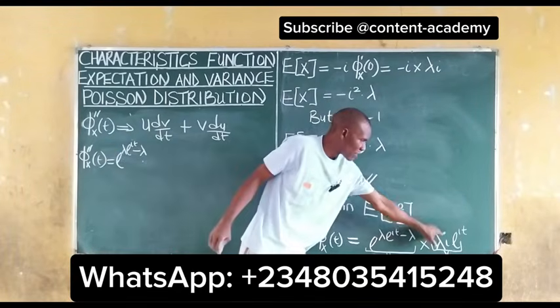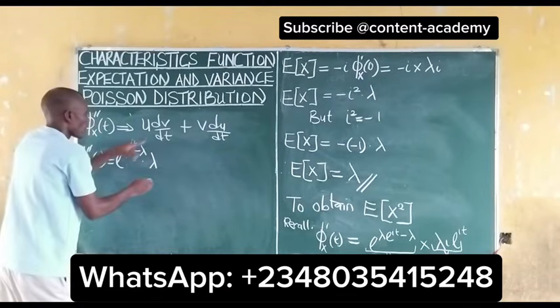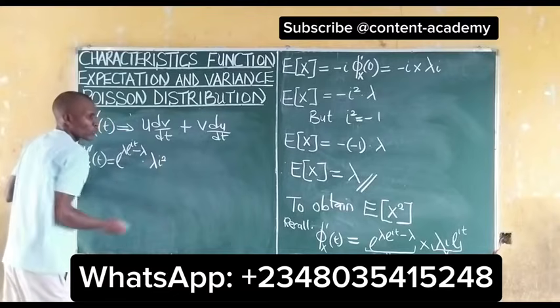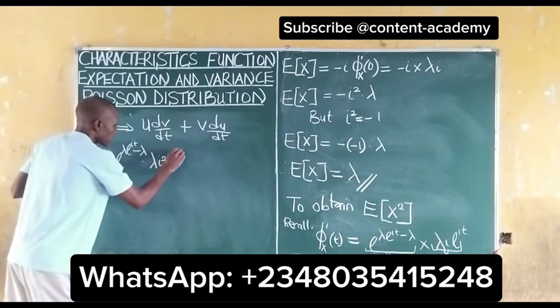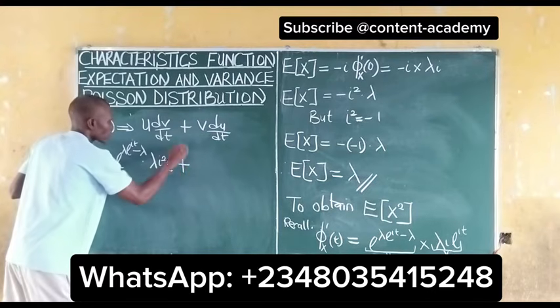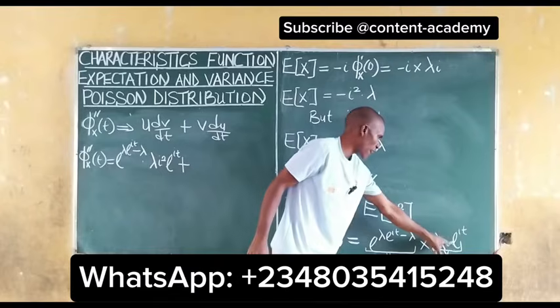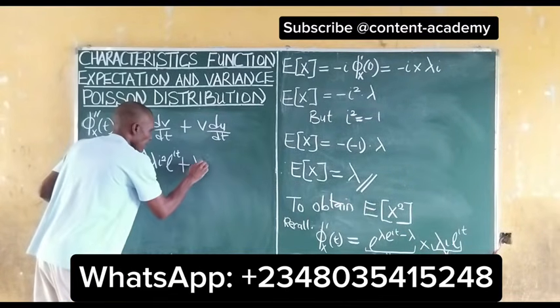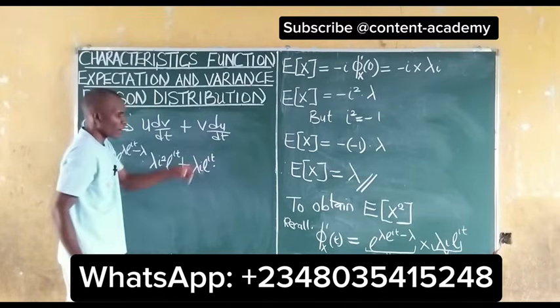So we differentiate this, the dv over dt. We'll have lambda, we'll also have the imaginary part again, so we'll have i squared e^(it), plus v. What is our v? V is lambda i e^(it), multiplied by the du over dt.